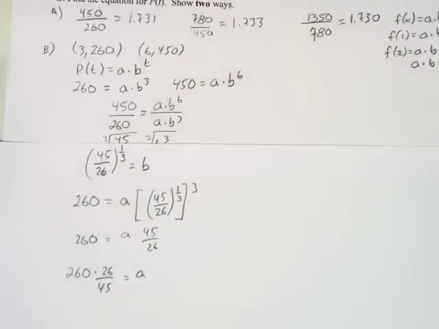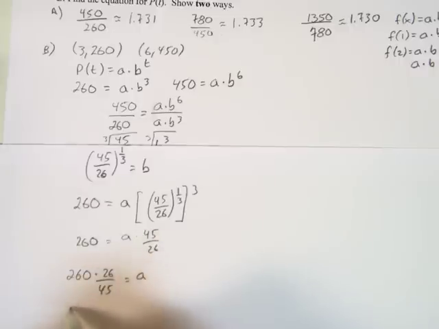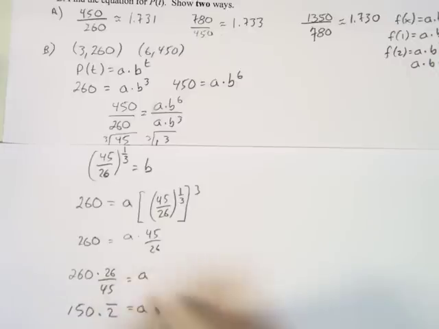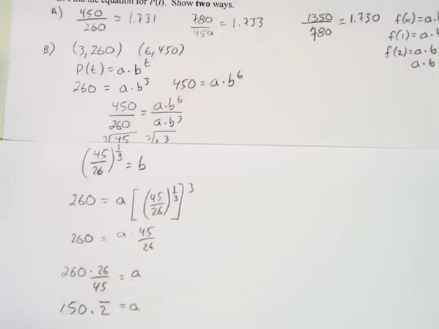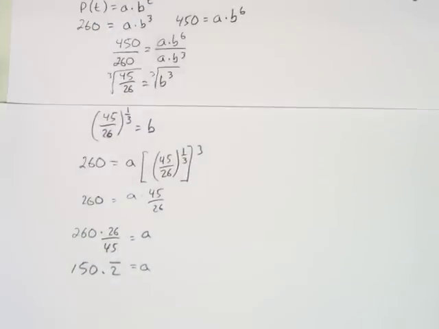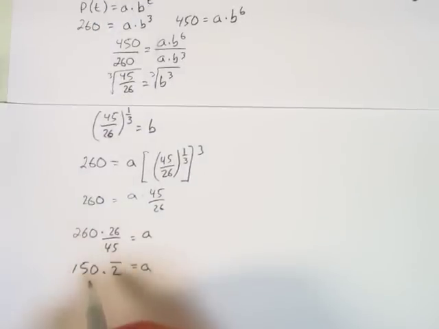Now, I'd want to keep this exact. So if you look at your calculator, the calculator is going to tell us it's 150.22222 with a bar. So we could use that. That's fine. And our equation is, now we're just going to plug it in. Now, this equation is not going to look nice, but that's okay.